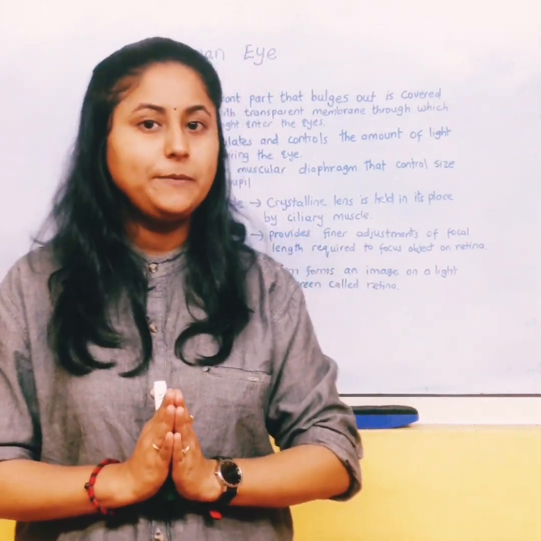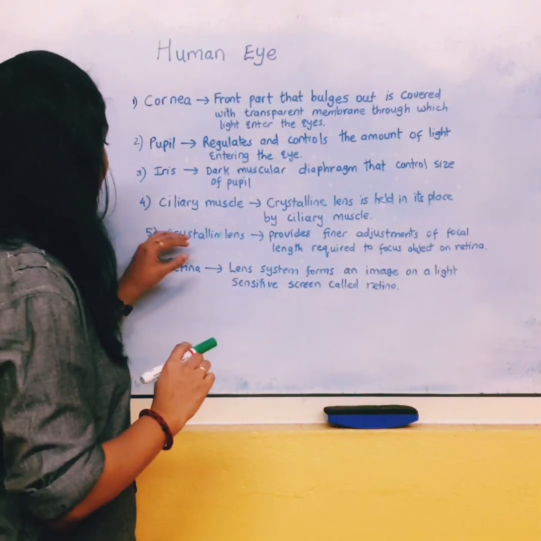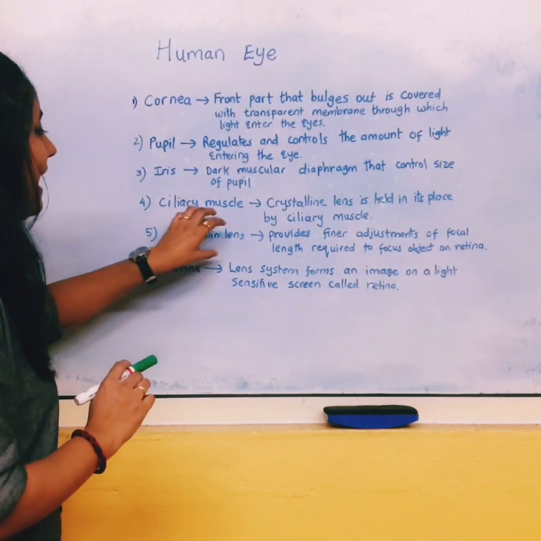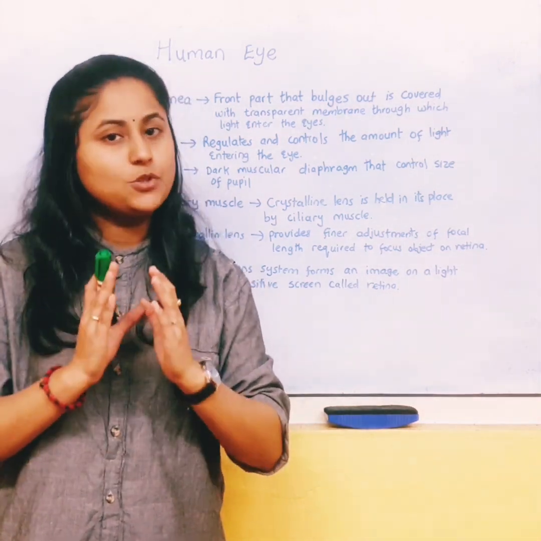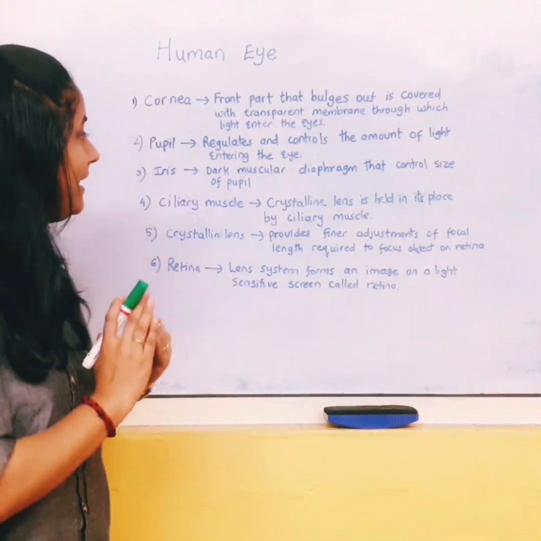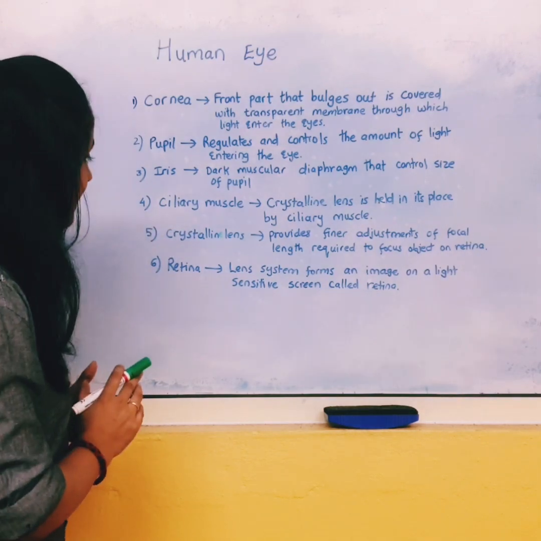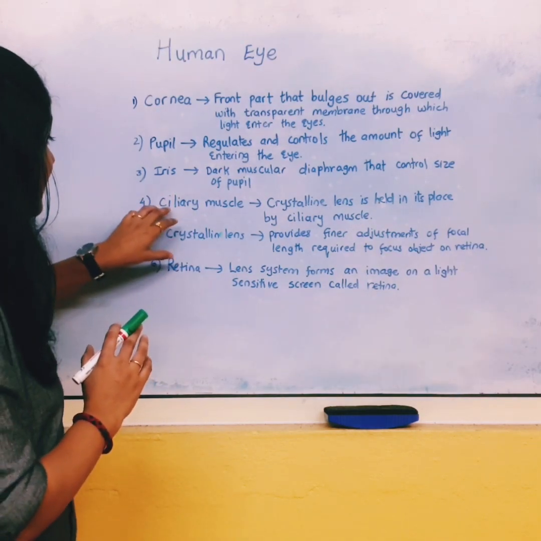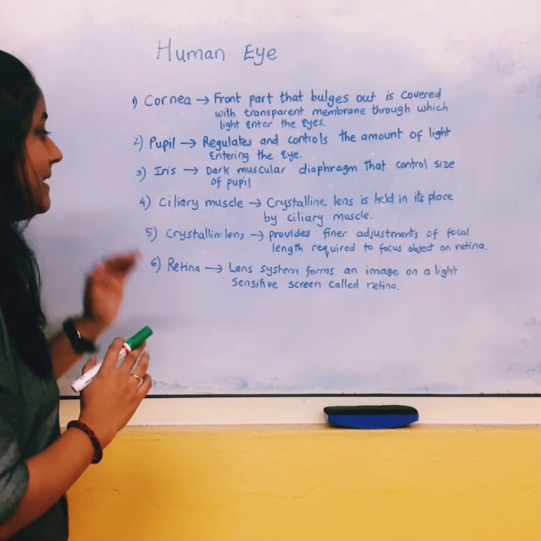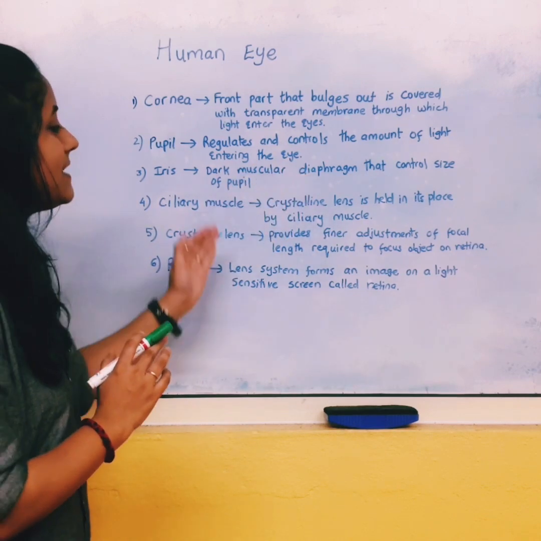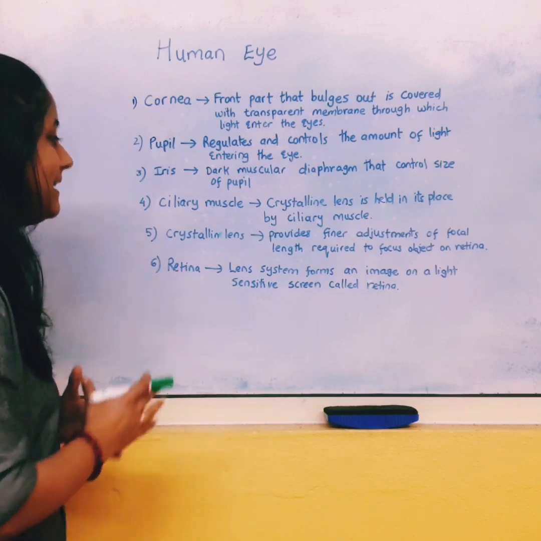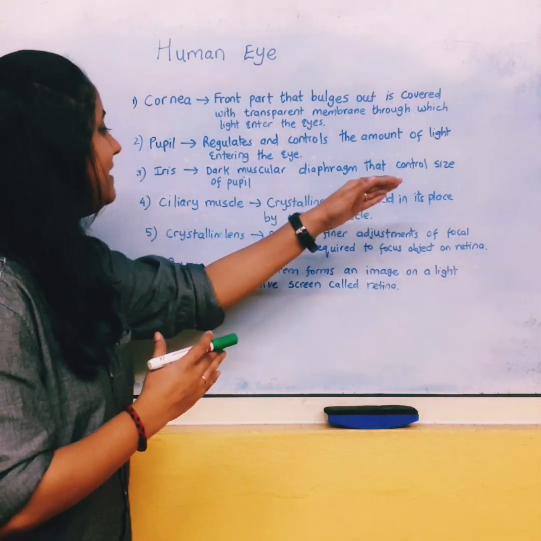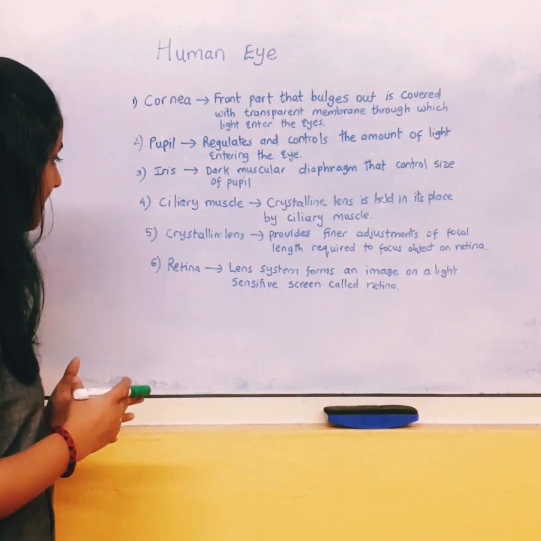Now, this crystalline lens is our lens which is present in the human eye. For every camera there needs to be a lens present. So our human eye contains this crystalline lens, and the ciliary muscle is the muscle responsible for holding the crystalline lens in its place. So the crystalline lens is held in its place by the ciliary muscle.